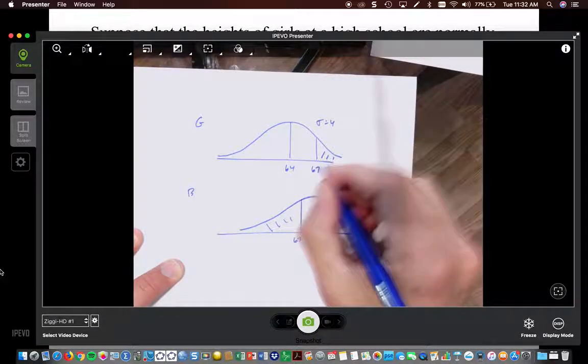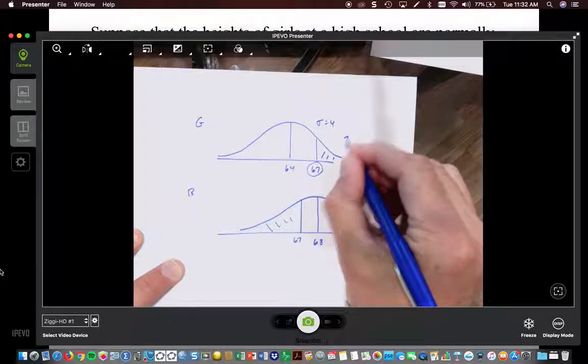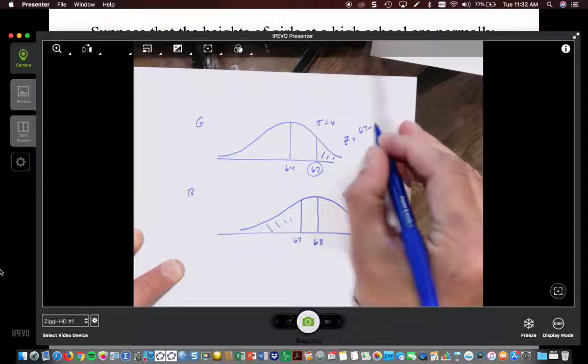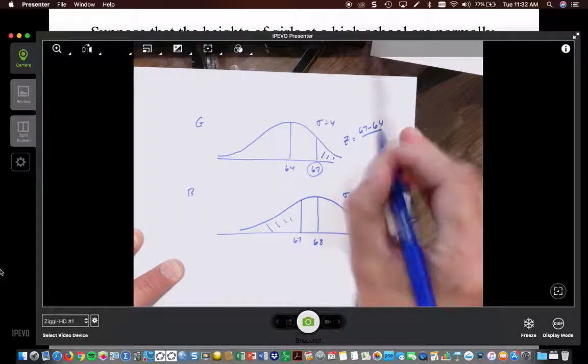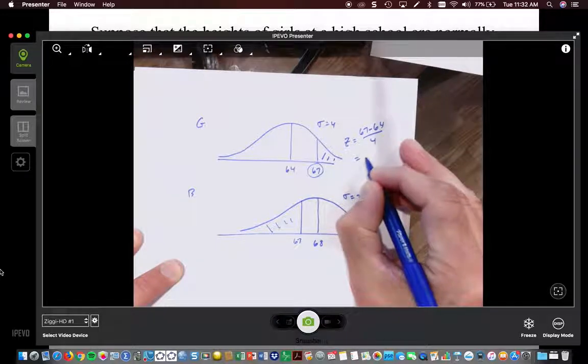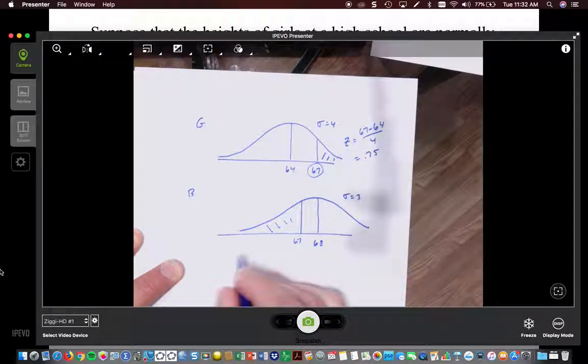All right, so we want to know which one of these tail probabilities is larger. All right, so if you think about what's the z-score for a 67, the z-score for a 67 is 67 minus 64 divided by 4. That's going to give me 3/4 or 0.75. And then for a short boy, we're going to get 67 minus 68 divided by 3, and that gives me negative 1/3 or 0.33 repeating.